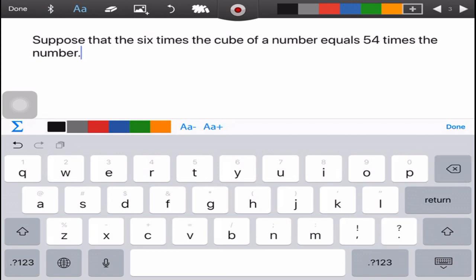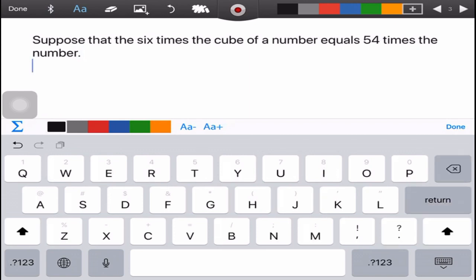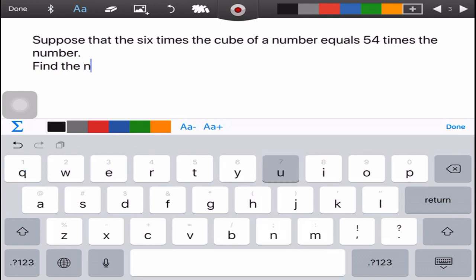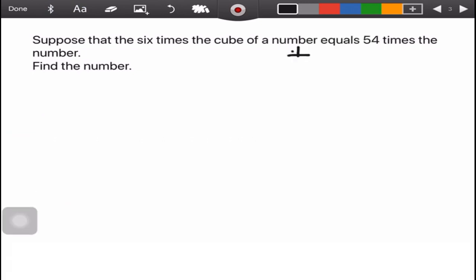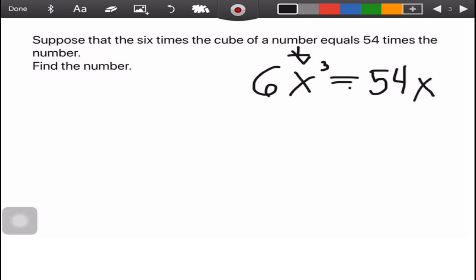And then we have to find the number. So first, you have to understand the problem. We are dealing with a number, and we will represent the number by x. So 6 times the cube, x cubed, and then 6 times, equals 54 times the same number, which is x.